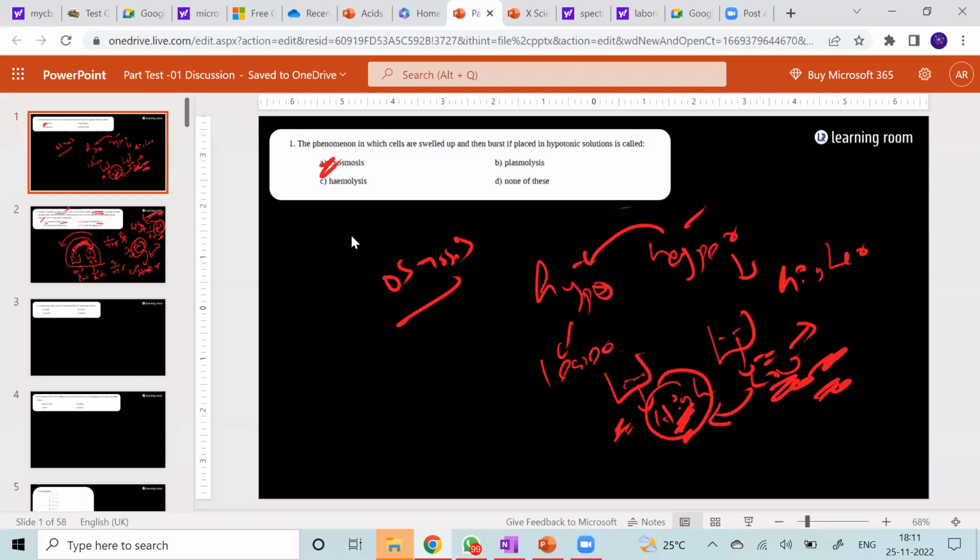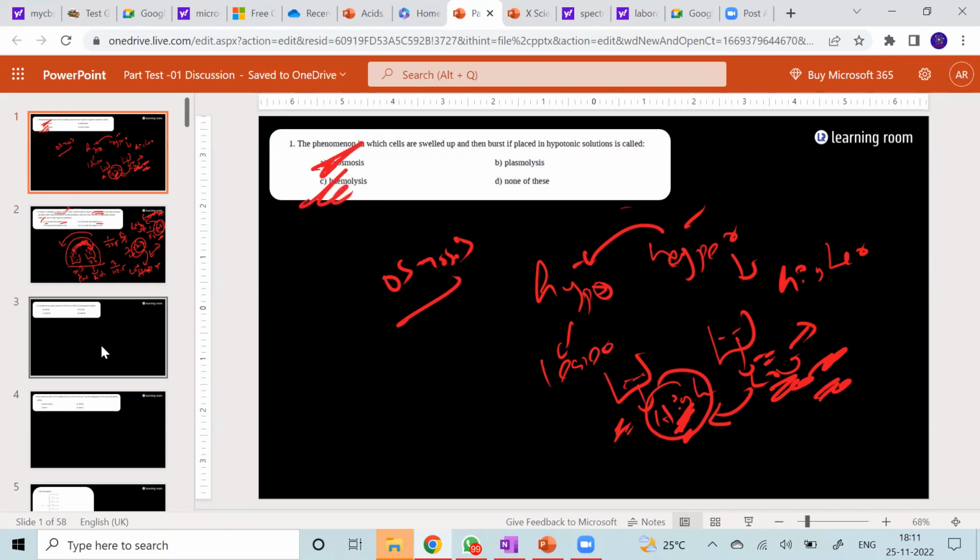Sir, I've referred to a book, and it's clearly given that in a hypotonic solution, the solvent flows into the cell, which swells and bursts. The rupture or destruction of cells, the phenomenon of bursting of cells, is called hemolysis. Okay, so yes, that's it. This is a memory-based question. The answer would be C, not A.